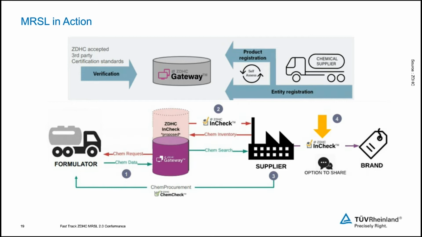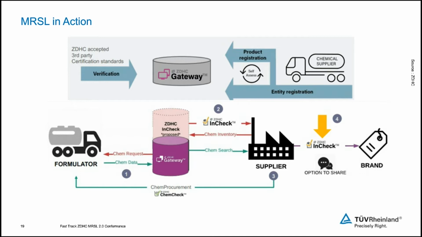On the other hand, we have the ZDHC InCheck report, which is mainly used by suppliers. This is a standardized chemical inventory report to summarize and assess the supplier's input chemicals. The InCheck report provides a clear understanding of the suppliers' or facilities' conformance to the MRSL and other key criteria: how many chemicals have been approved, how many chemicals have been unapproved.